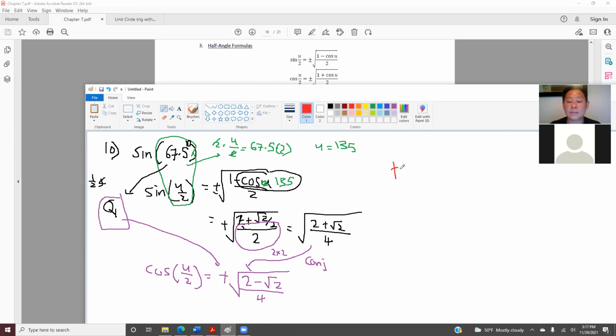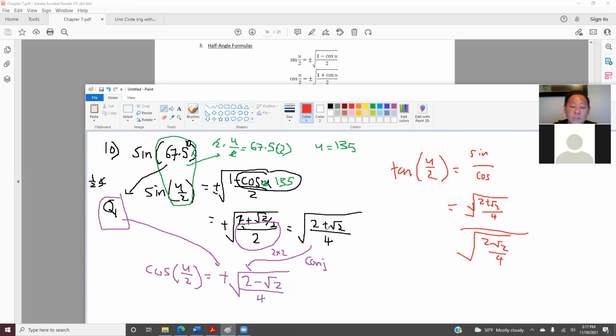And the last thing is to figure out tangent u over 2. For us to do this, you take sine over cosine, because tangent is sine over cosine. So you take this square root of 2 plus root 2 over 4, over the square root of 2 minus root 2 over 4.